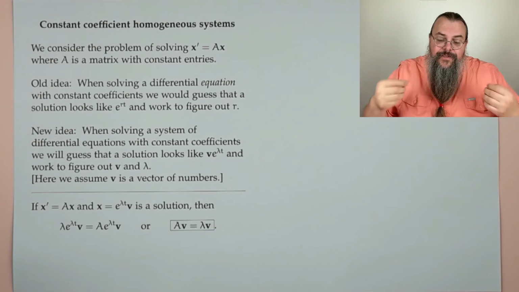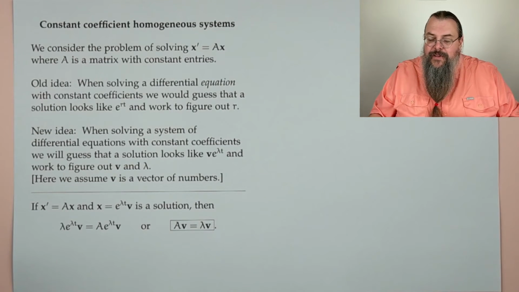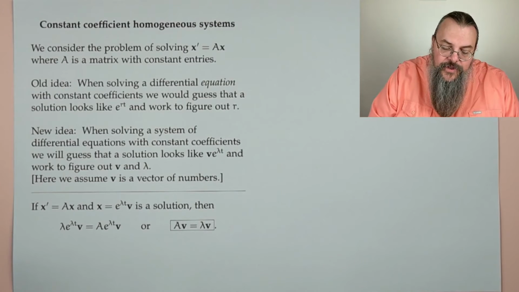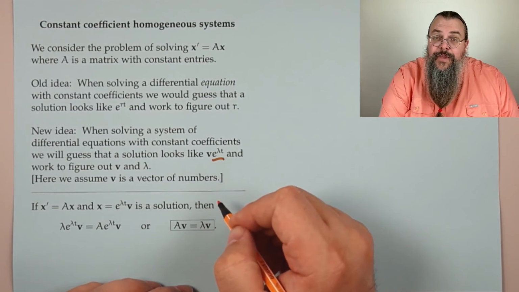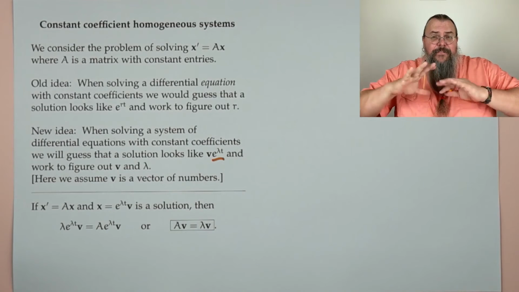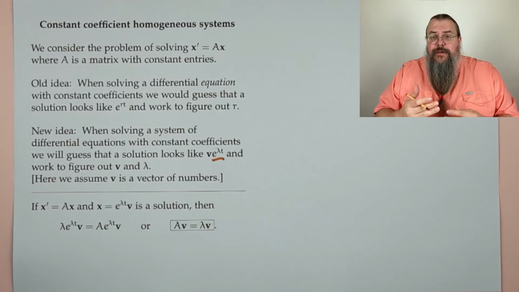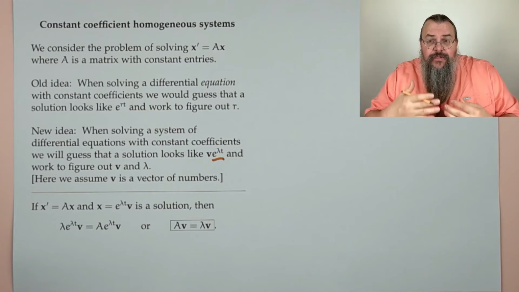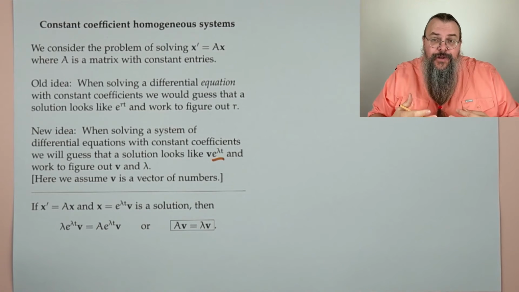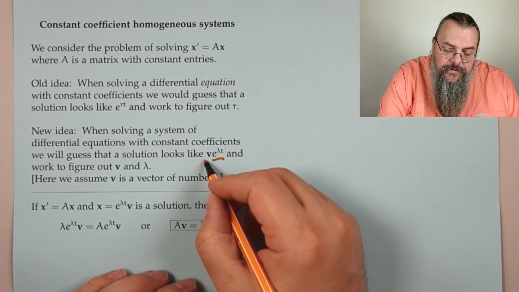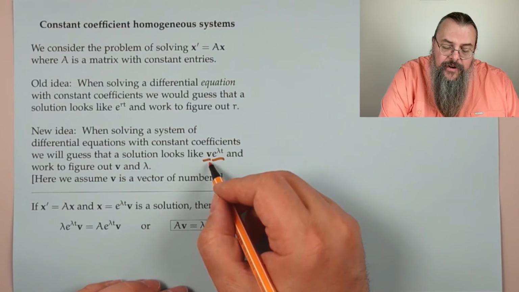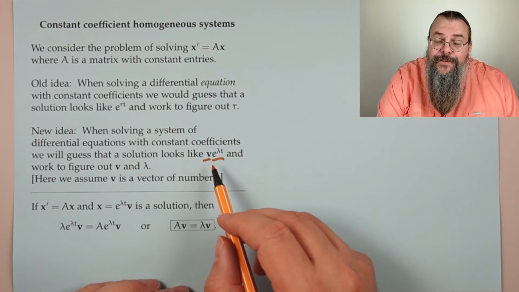So we want to guess exponential. All right, well, what will our solution look like? We're going to guess, again, e to something t. But we can't just have that. See, the problem is we're dealing with a system. We have multiple equations. So we're going to have something in front. Here, we're going to add a vector v.